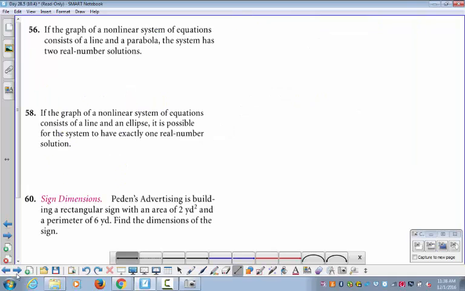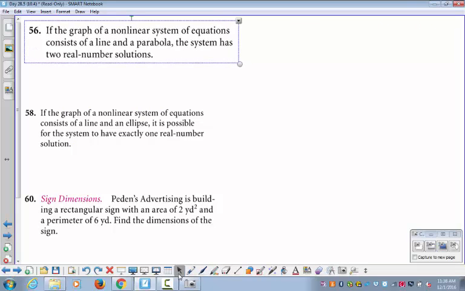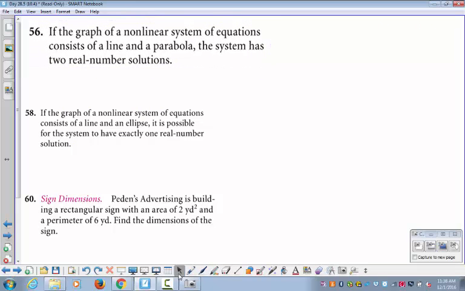Okay, let's do a couple of these conceptual ones. So the top one says that the graph of a nonlinear system consists of a line and a parabola. The system has 2 real number solutions. True or false? Certainly can have 2, but does it always have 2?